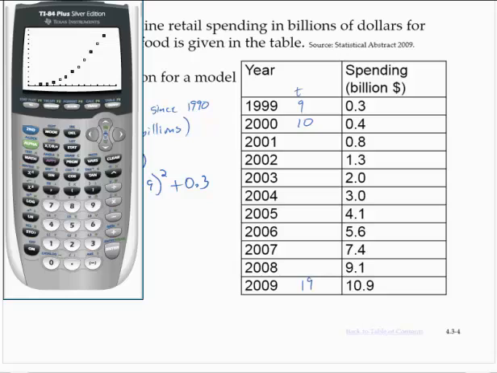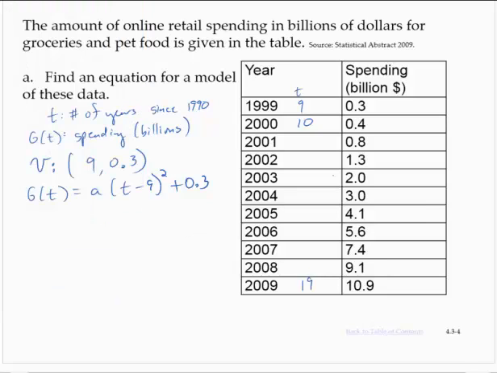Now, another good point to use, you just sort of pick one. I'm going to go with this point when T is 12, so 12, 1.3. I'm going to use that point as my other point to figure out the A value.